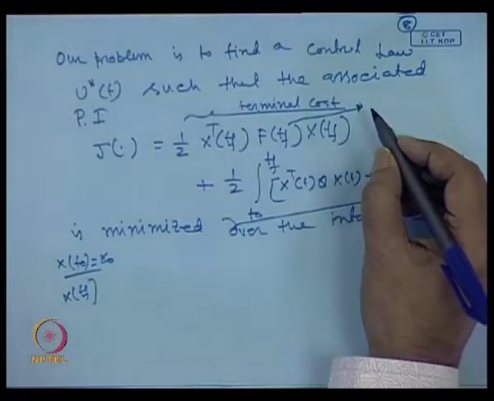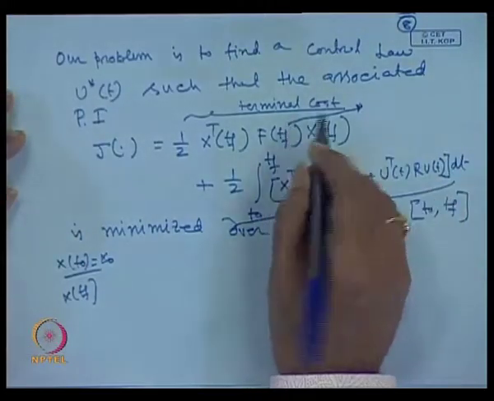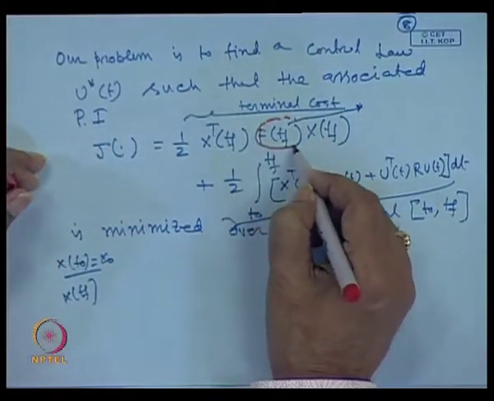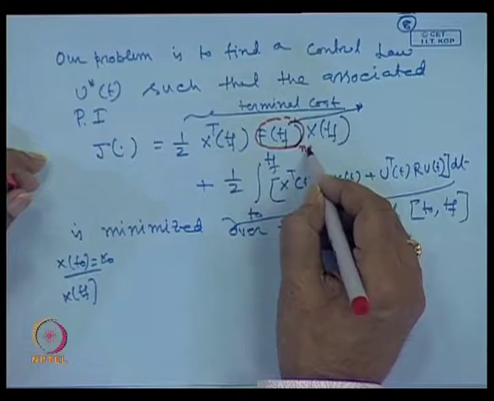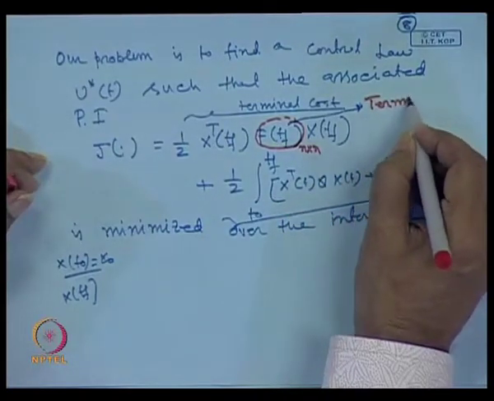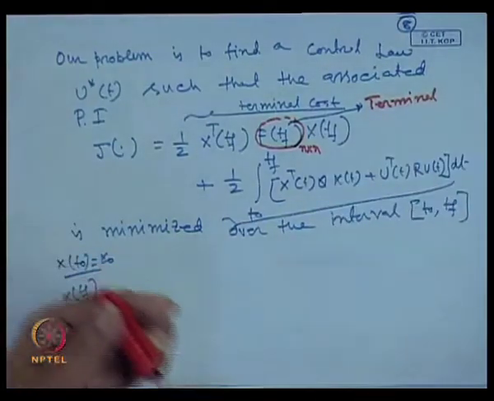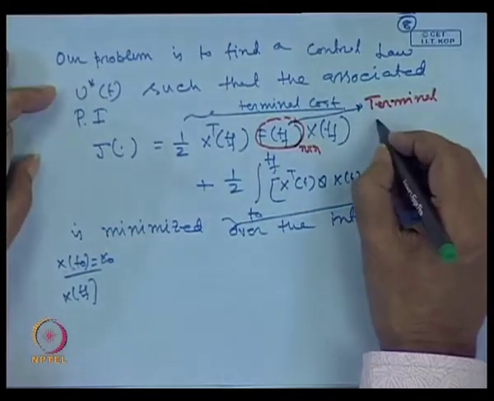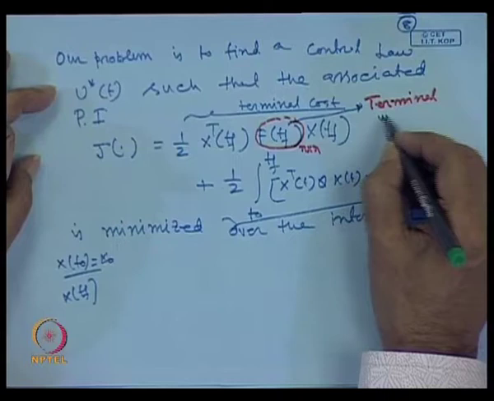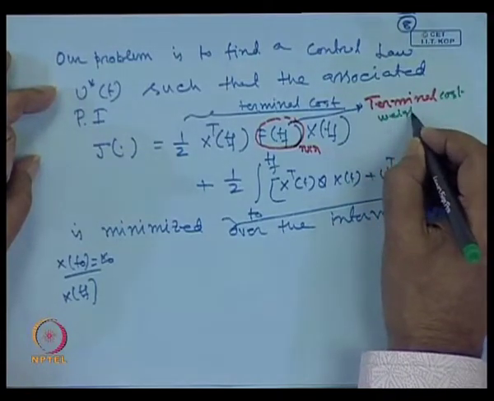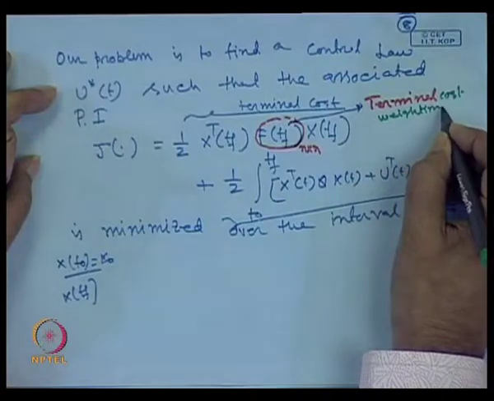F(tf) is a matrix whose dimension is n cross n, the terminal cost weighting matrix.